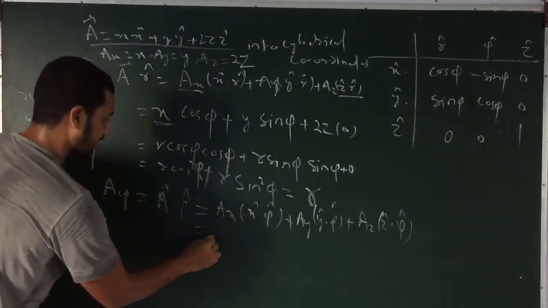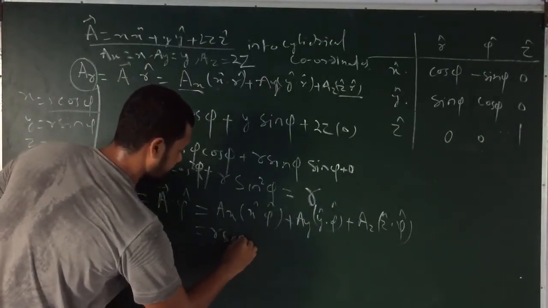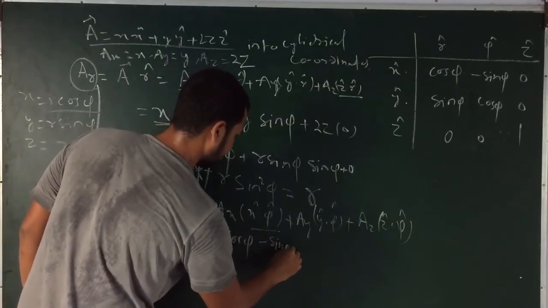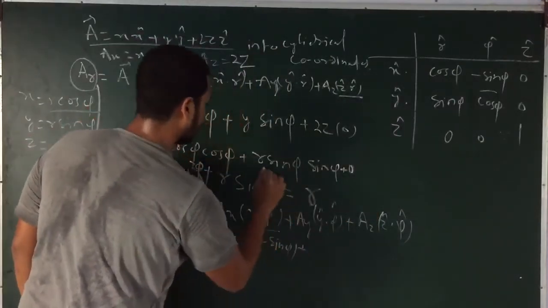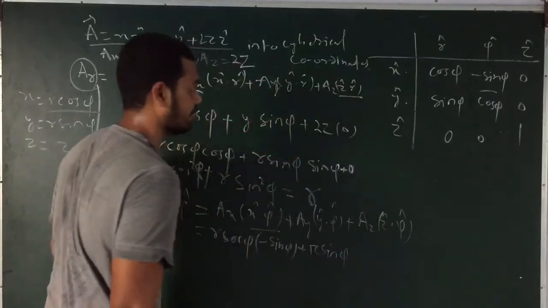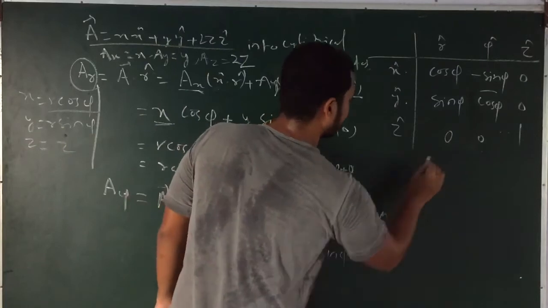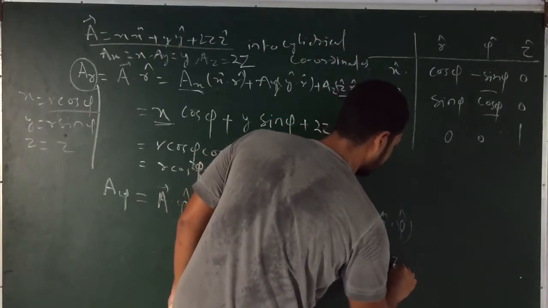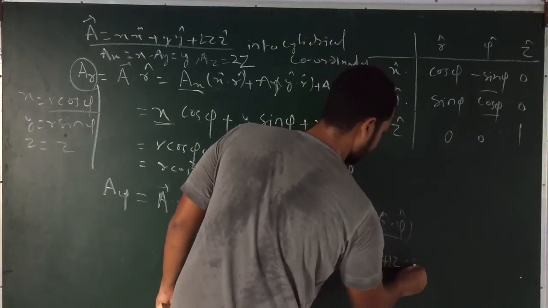You will get, I'm writing directly, x is your r cos phi, your x cap dot phi cap is equal to minus sin phi from here. Then Ay is your y, which is nothing but r sin phi, and y cap dot phi cap is equal to cos phi, and Az is equal to 2z, but z cap dot phi cap is equal to 0.